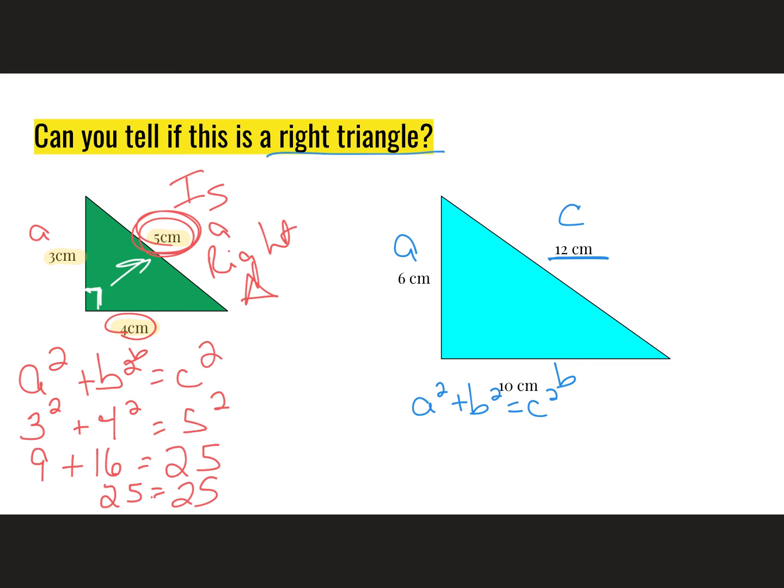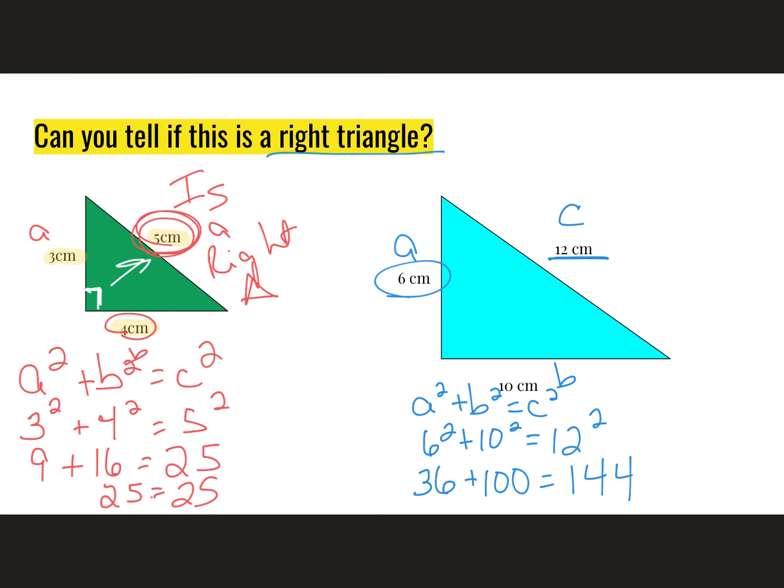In this case, A is 6, so I have 6 squared plus B is 10, 10 squared equals C is 12, 12 squared. 6 times 6 is 36, plus 10 times 10 is 100, and 12 times 12 is 144.